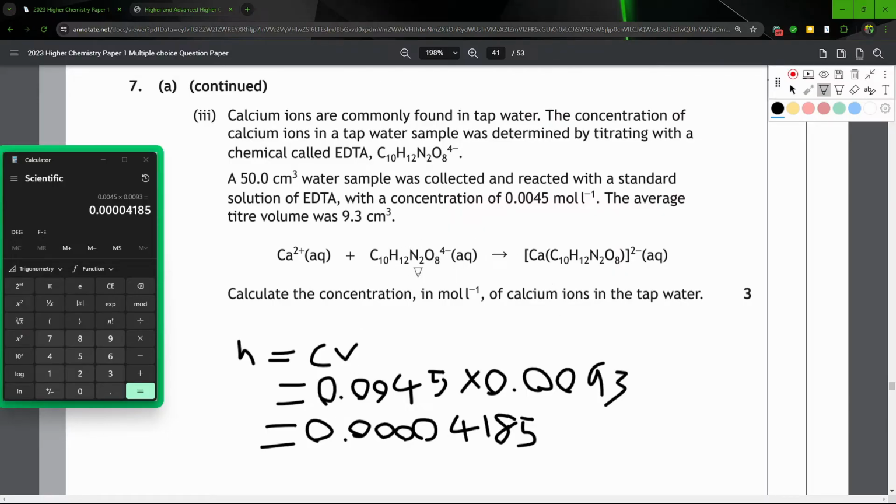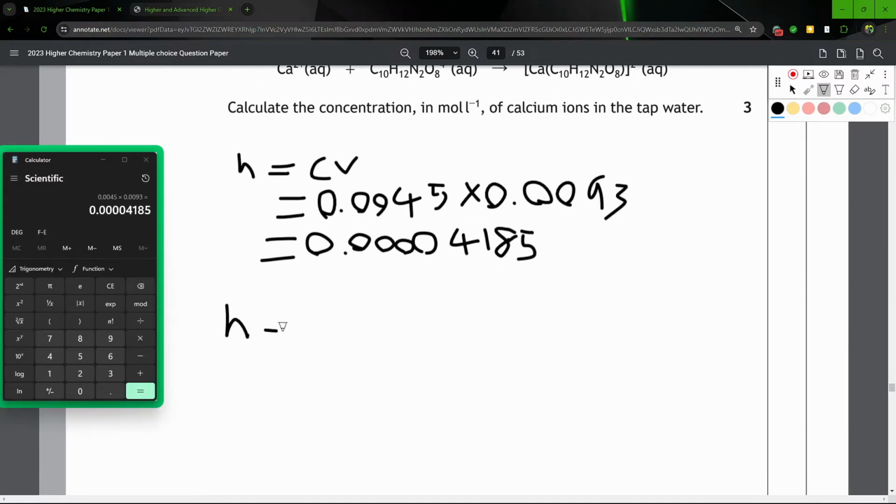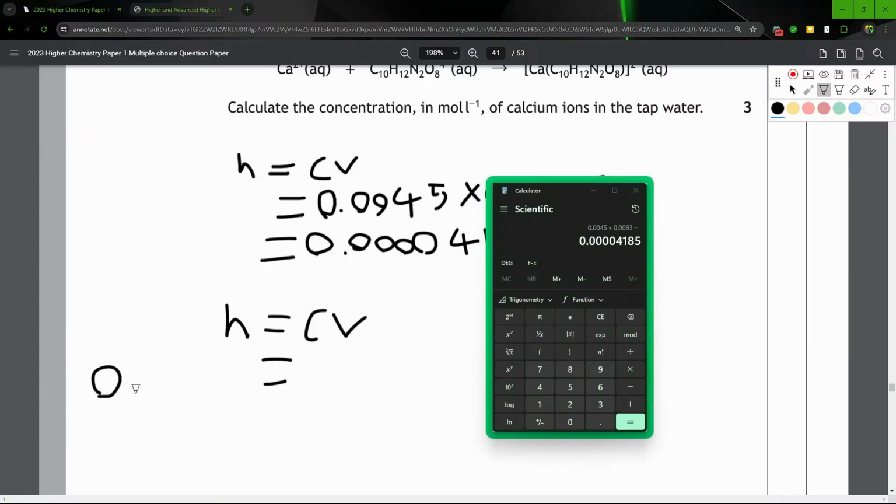EDTA is this chemical here, which means it's a 1-to-1 ratio with calcium. So we can just go back and say, for the 50 cubic centimeters, we just do the same formula again. This time we know the moles is this horrific number. Let me just get rid of those equal signs.